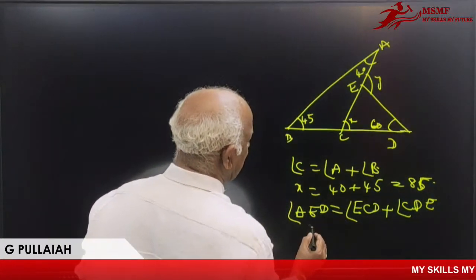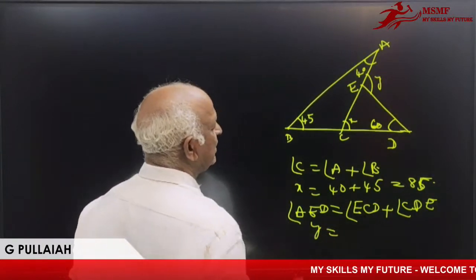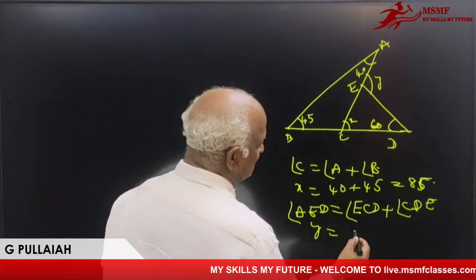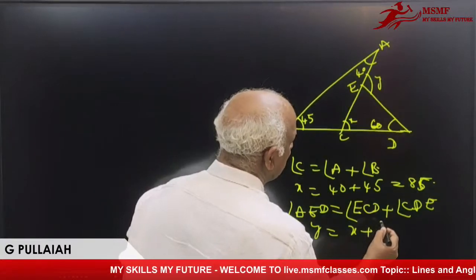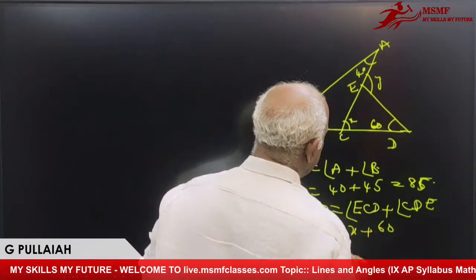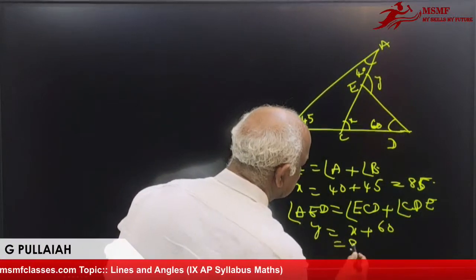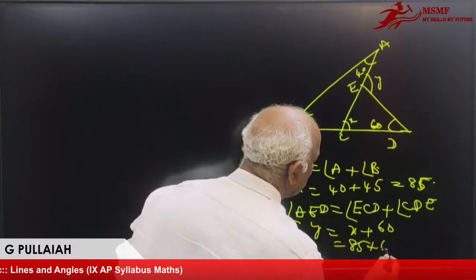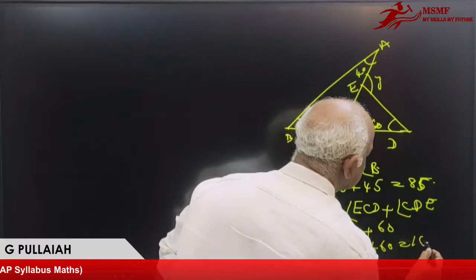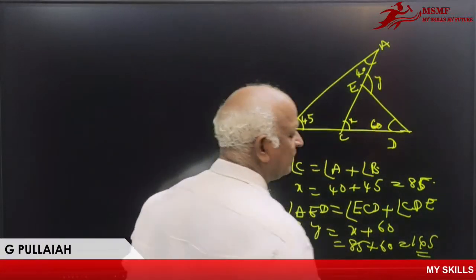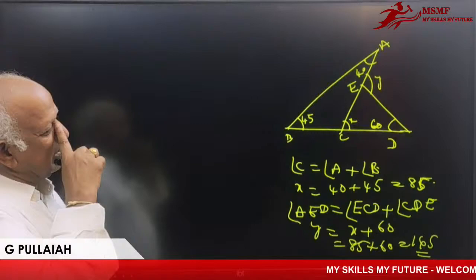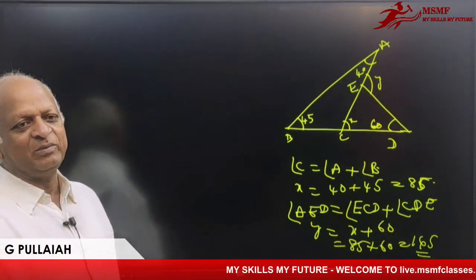So angle AED is y, which is equal to angle ECD, which is x, plus 60. I think you know x value we got as 85. So this is 85 plus 60, nothing but 145. So basing on this, we'll be getting many more problems.